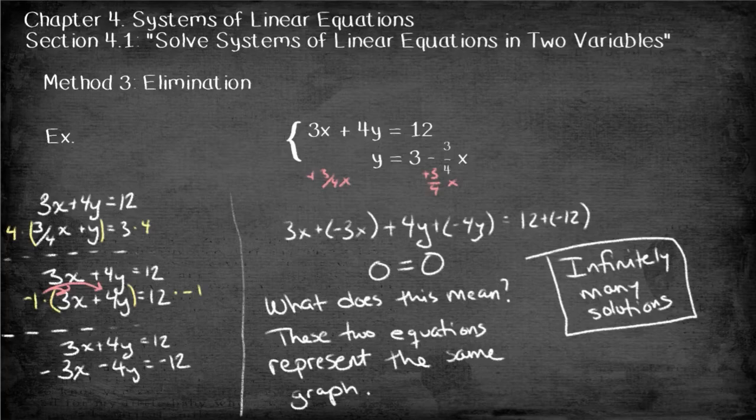You either get a solution, you get no solution, in which case you'll get something like 0 equals 2, or you have infinitely many solutions and you always get a true statement because you're ending up with something like 0 equals 0. So anyway, that's the third method.